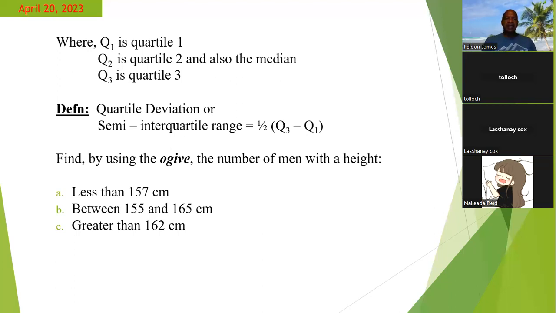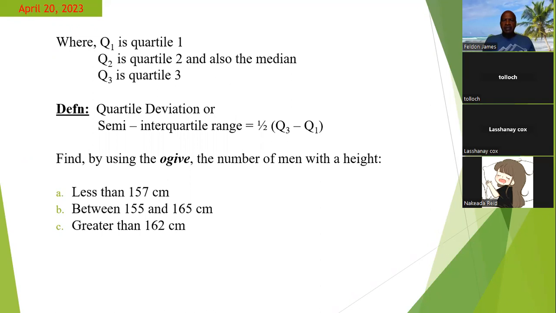Now remember that these heights are found on the x-axis. Remember, it's only the frequency that you get on the y-axis. The actual x values, which would be the same as the boundary values, you find those on your x-axis.